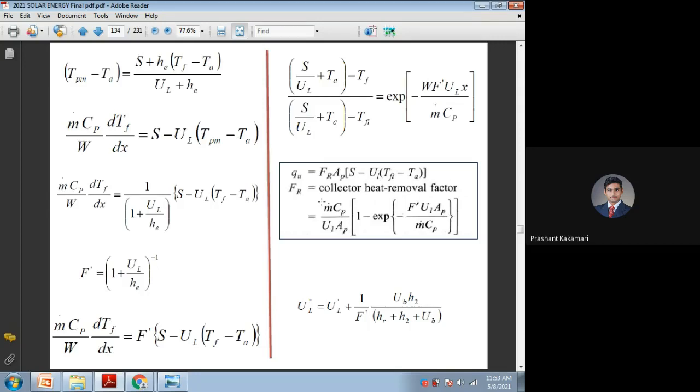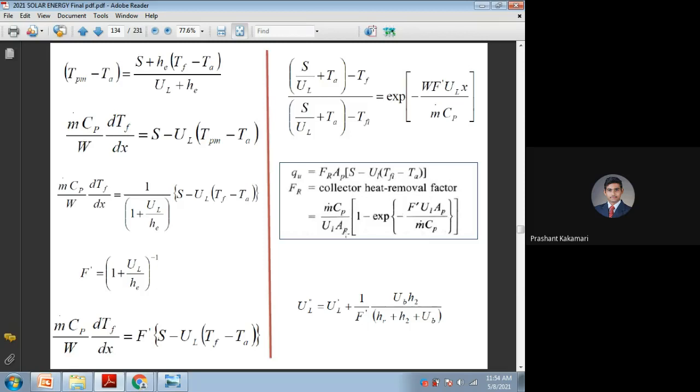So in the air heaters, the equation can be written as FR equal to m dot Cp divided by overall loss coefficient UL into plate area, that is AP. So plate area will be less than collector area. In some cases, if the dimensions are similar, because in the air heater there will be no tubes or surface changes, it will be a completely flat surface, almost equal to the collector area or the open area.